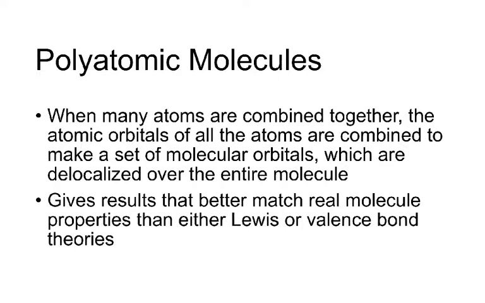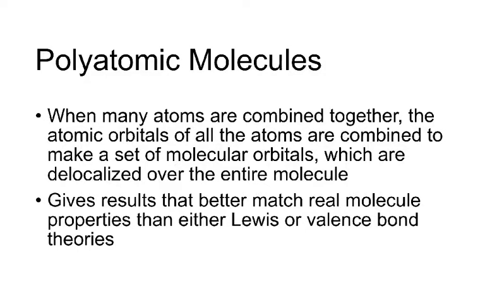When we get to polyatomics, you really need a computer program to deal with this. It's going to give molecular orbitals that are delocalized, and if you can do it, it gives a much better match to real molecule properties than Lewis or valence bond theory.